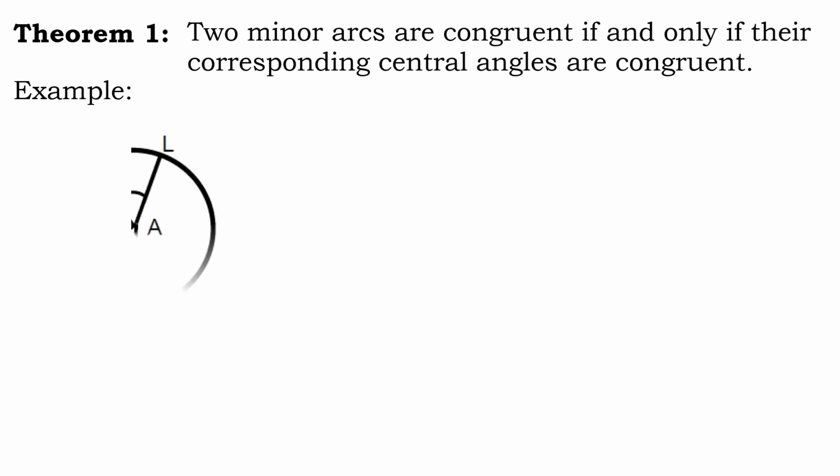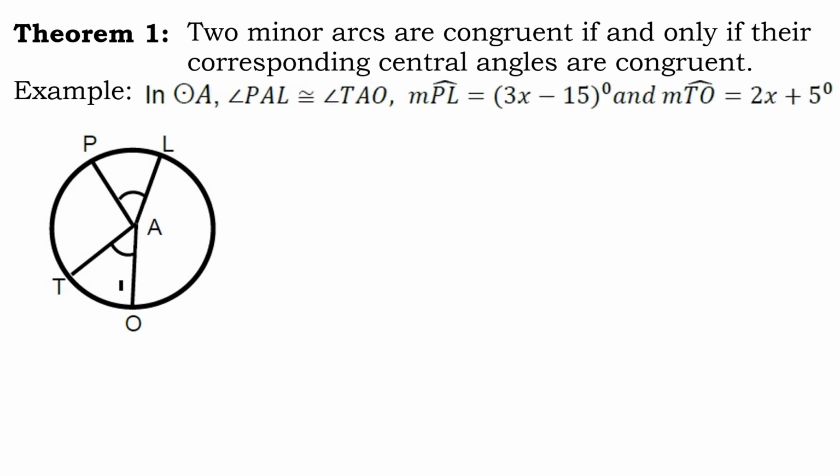Okay, example. So let us use the previous example, which is circle A. In circle A, angle PAL is congruent to angle TAO, and the measure of arc PL is equal to 3x minus 15 degrees, and the measure of arc TO equals 2x plus 5 degrees.